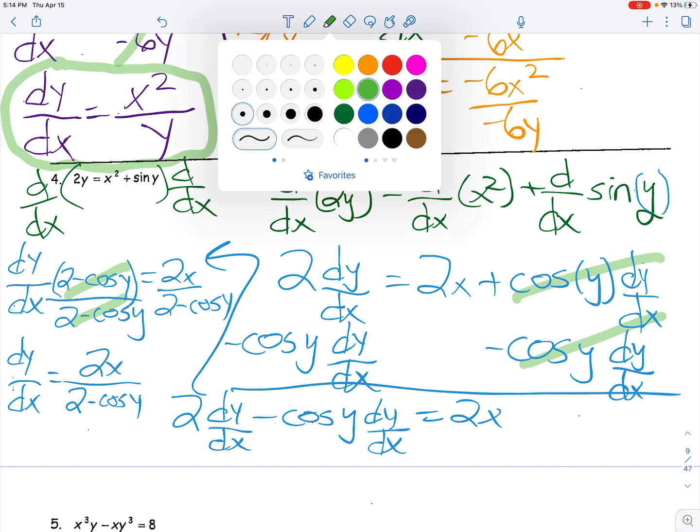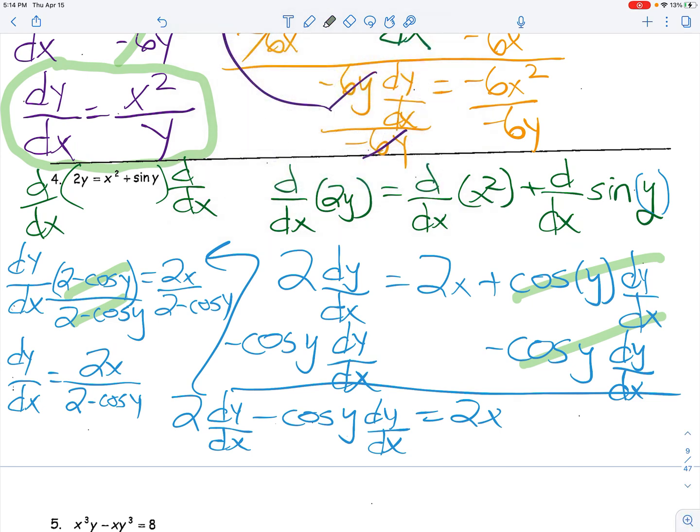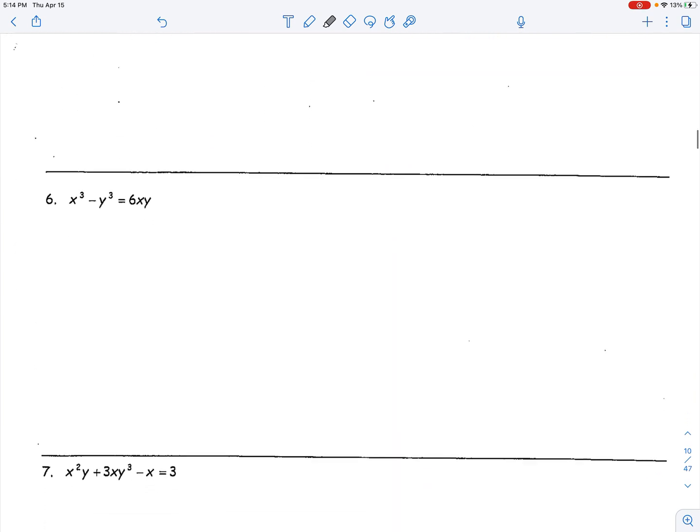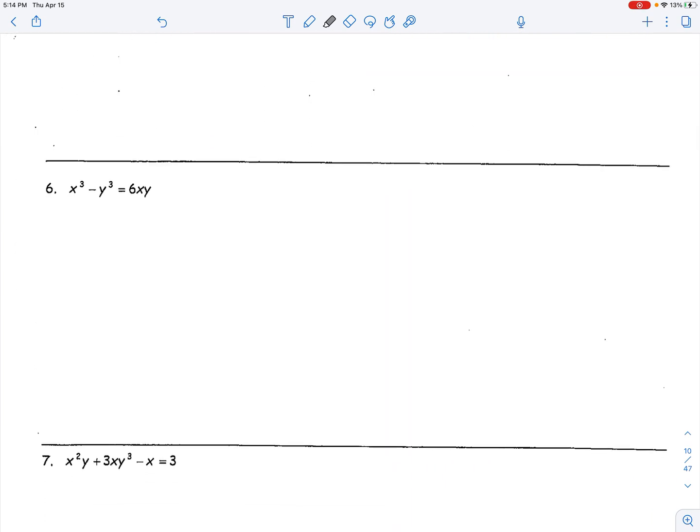And there we go. Those guys cross out. I have dy/dx here is going to equal 2x over 2 minus cosine of y. And there you go. That's your derivative. Right.